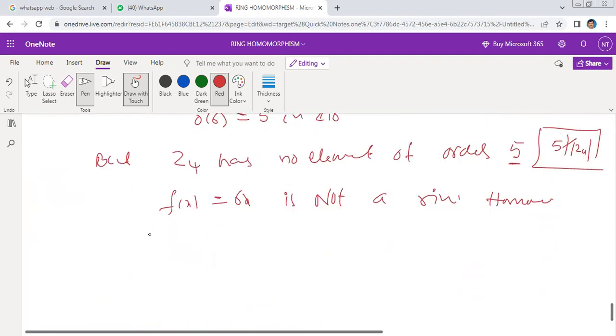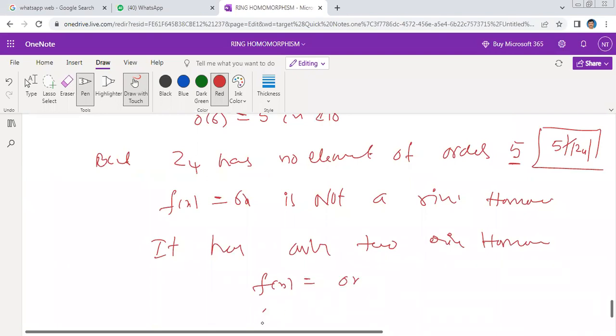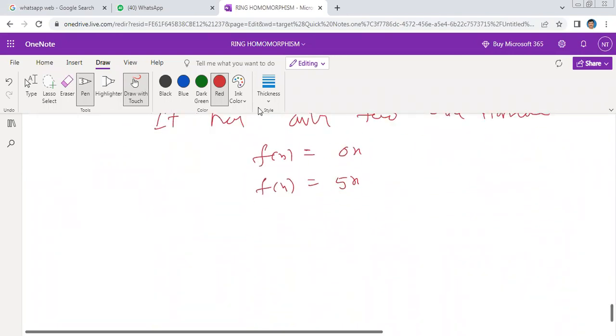There are only 2 ring homomorphisms. One is f(x) = 0x, and the other is f(x) = 5x. Here the question asks: how many trivial homomorphisms? Only one.